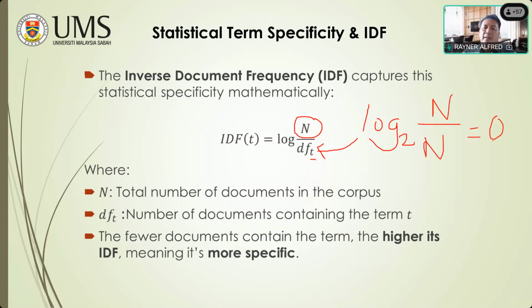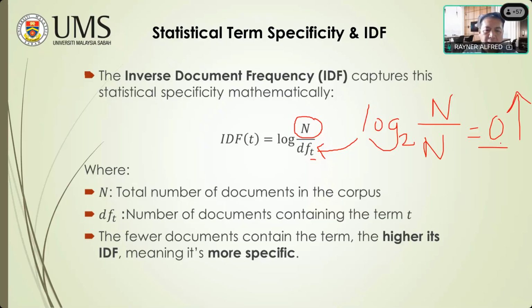Which means that the term does not carry any meaning, or cannot be used to differentiate the documents. So what we want is a high IDF, but this is 0.